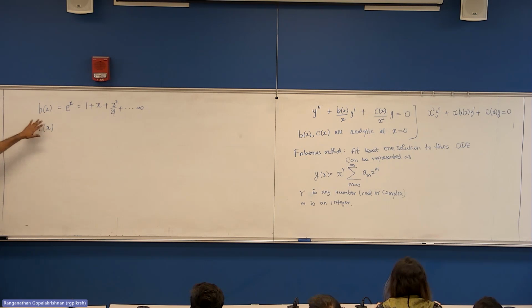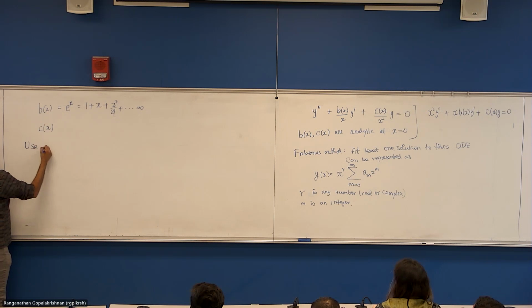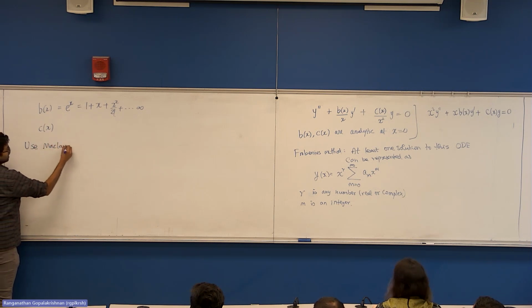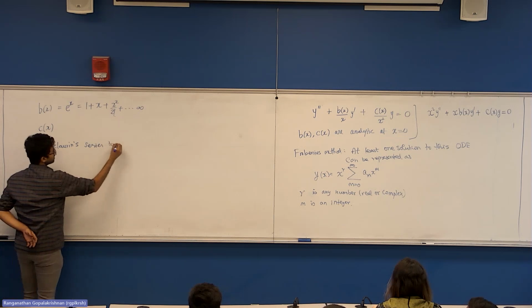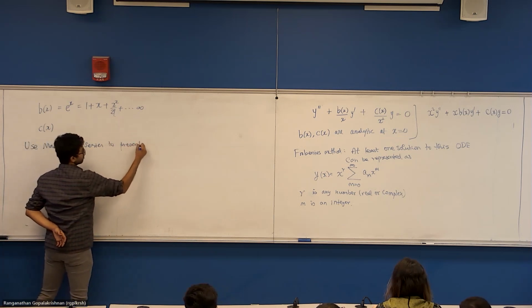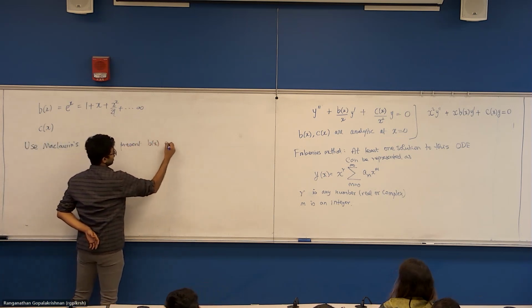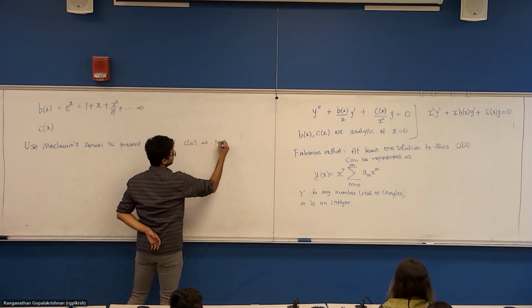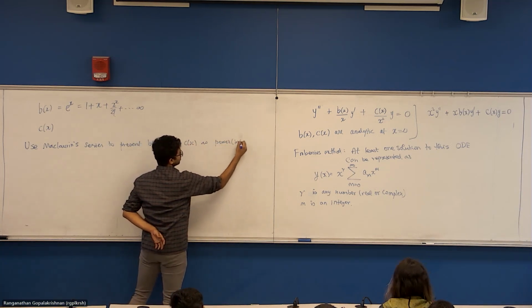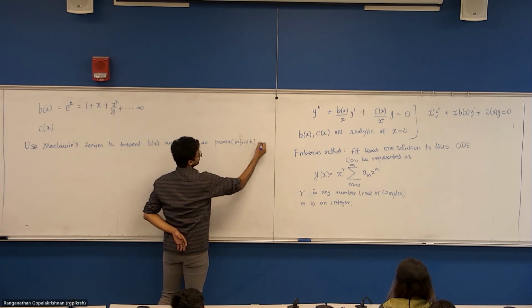If it is any function that is not a polynomial, you can use the idea of Maclaurin's series to represent b of x and c of x as power series.